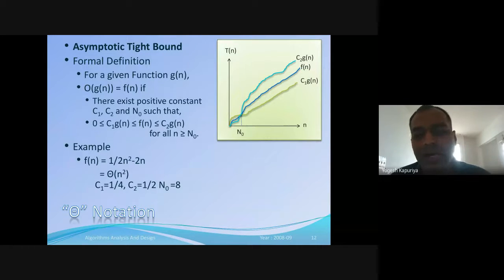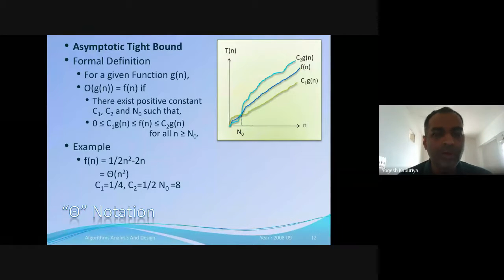So whenever we compute the time complexity for the worst case, we use big O notation. For the best case, we use big omega notation.